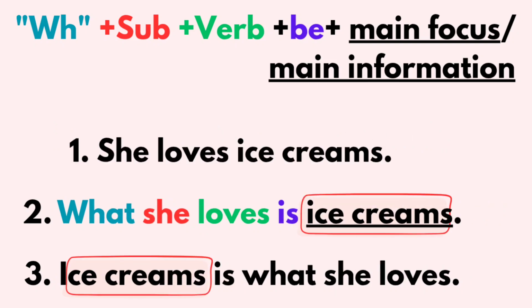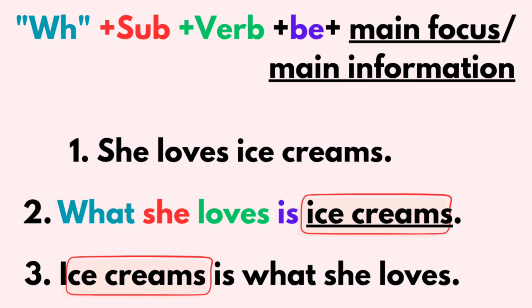She loves ice creams. This sentence is in present simple and I have taken a stative verb, that is love. Ice creams means a plural countable noun. Look at the next two sentences. What she loves is ice creams. Ice creams means plural countable noun, but I haven't used are, right?